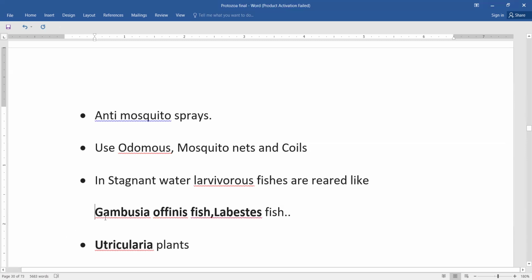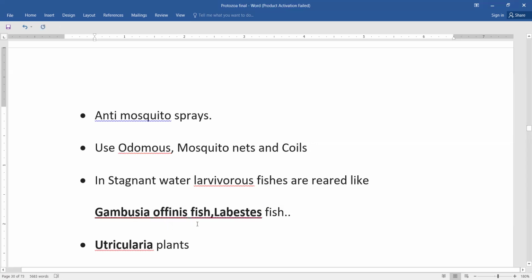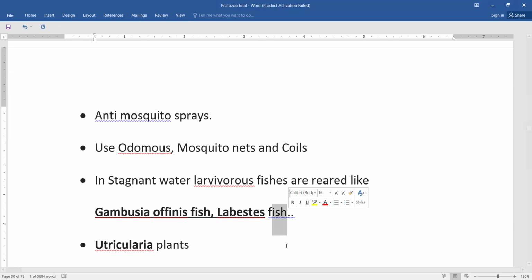You remember these are the important names: Gambusia affinis and Lebistes fish. These two are the larvivorous fish. They eat the mosquito larvae so that the larvae do not become adults, so the mosquito population is reduced.